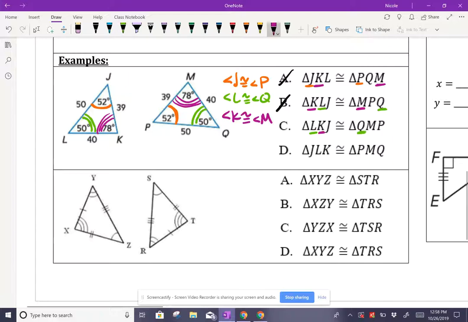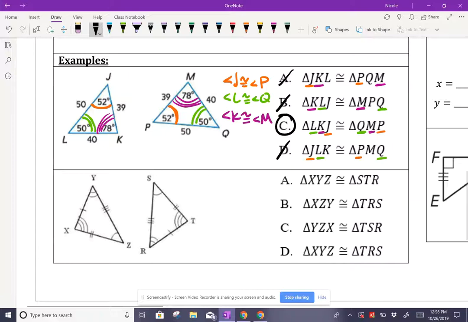And then we have K matching up with M, and then J matching up with P. So that one does work. Yay, we have an option. So let's just double check our last one just in case. So we have J matching up with P like it should. And then L should match up with Q, which it does not. So our correct answer choice is C for our first example.